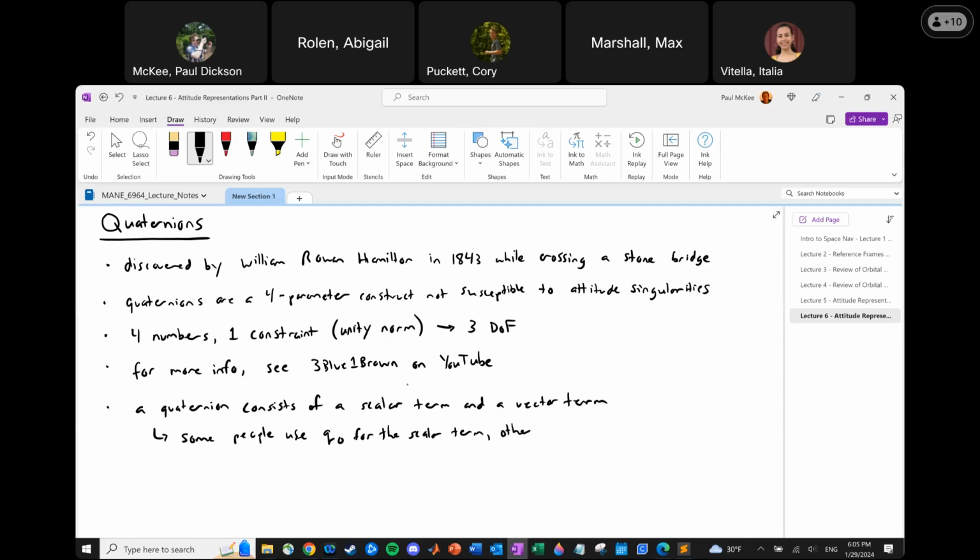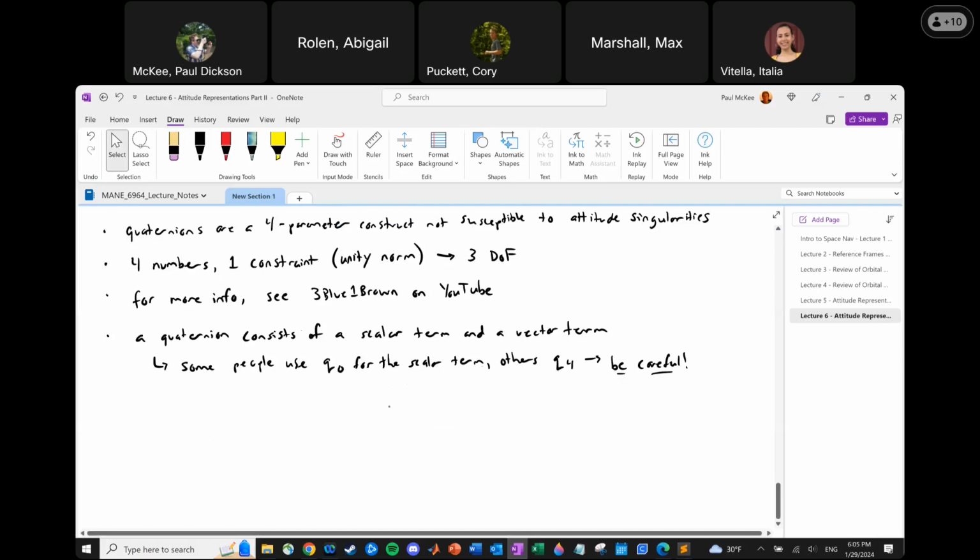Others will use Q4. So you have to be careful. If somebody just says, hey, here's the quaternion that maps from the inertial frame to the spacecraft frame, here's your 4 numbers, goodbye, you have to say, wait, is the first number the scalar term or is the last number the scalar term? We have to make absolutely sure that we're clear about that. What I like to do is to just remove the ambiguity completely and just use QS for the scalar term. So this is how we're going to write it in this class.